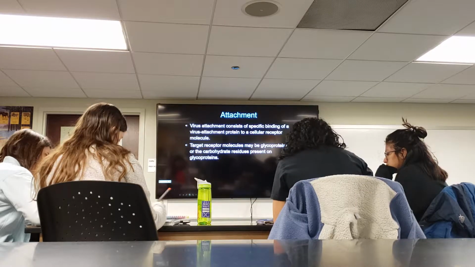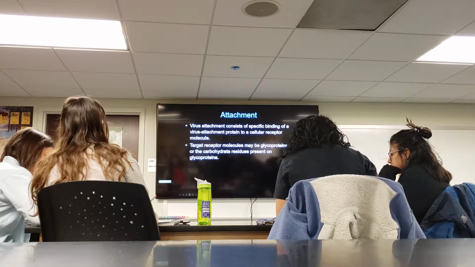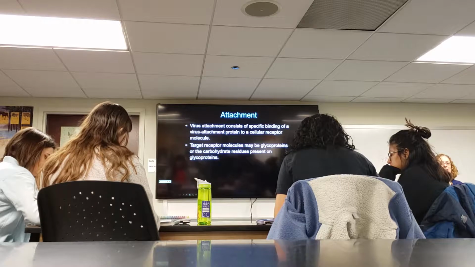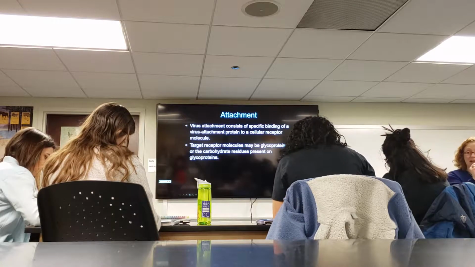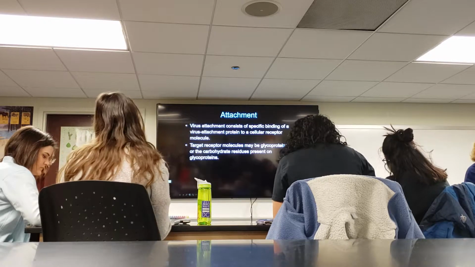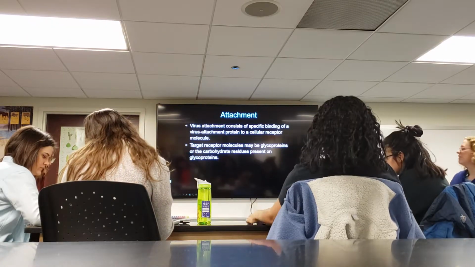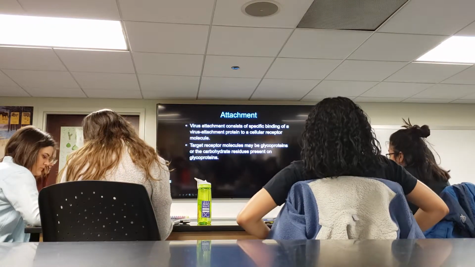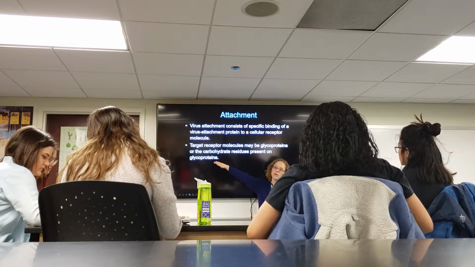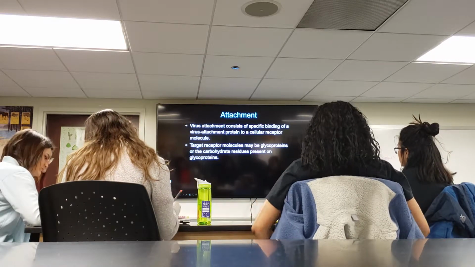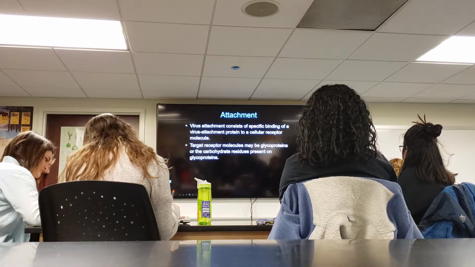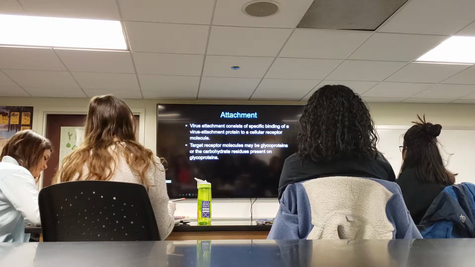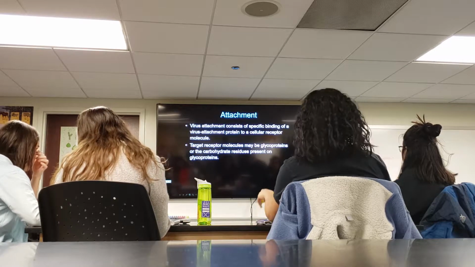So that can confer some specificity for the virus. If I'm a virus and I target a specific glycoprotein on a specific cell, then that is a much more specific interaction than if I am simply targeting the carbohydrate residue on a glycoprotein, right? There may be more than one protein on this cell that has the same carbohydrate residue.